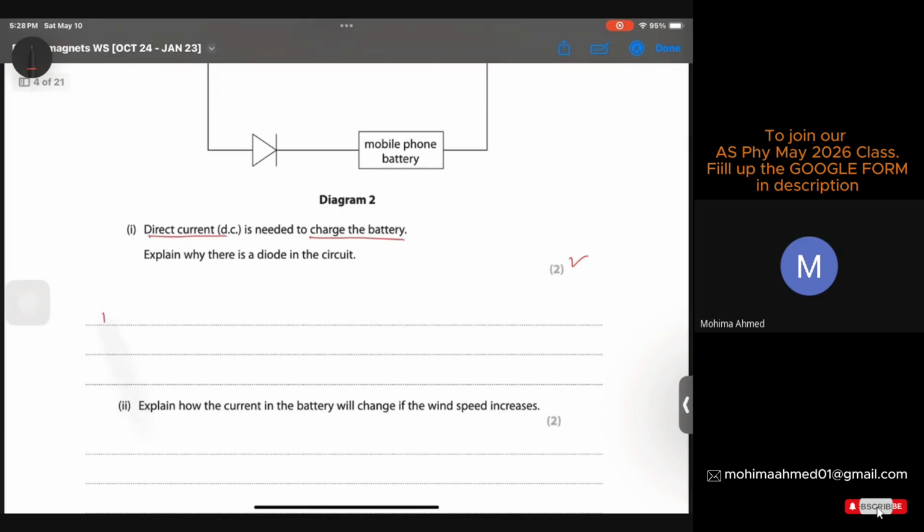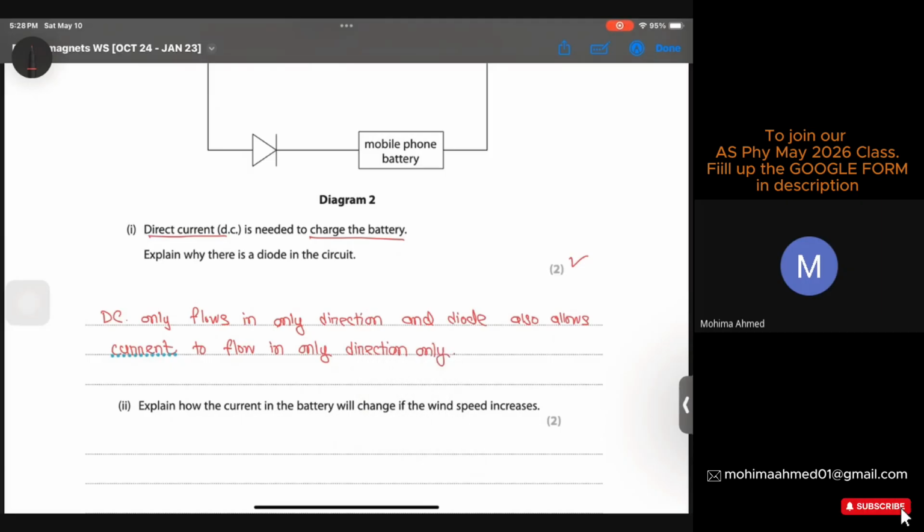So we just have to say that DC only flows in one direction and diode allows that. Right, this too is enough.